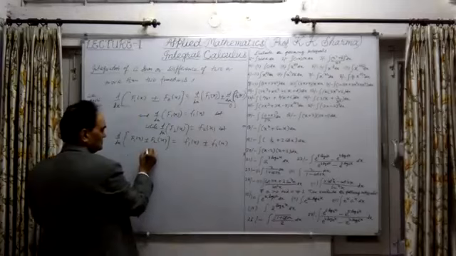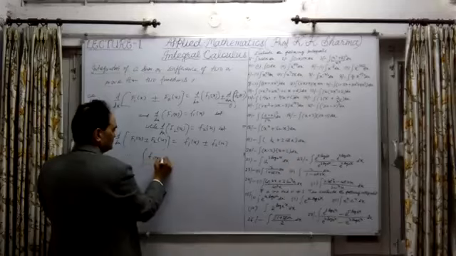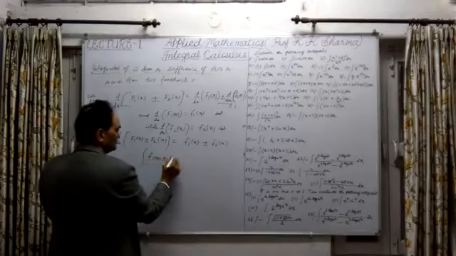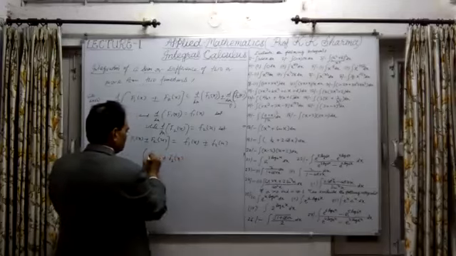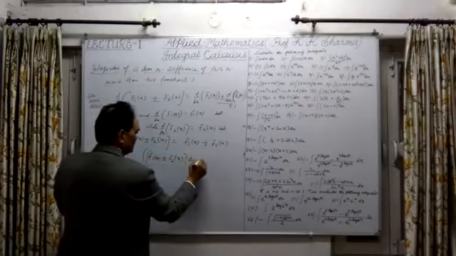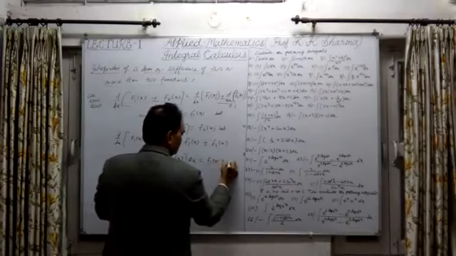Therefore, the integration of f1(x) plus minus f2(x) dx is equal to capital F1(x) plus minus F2(x).